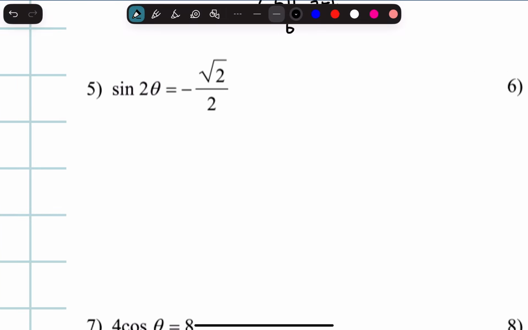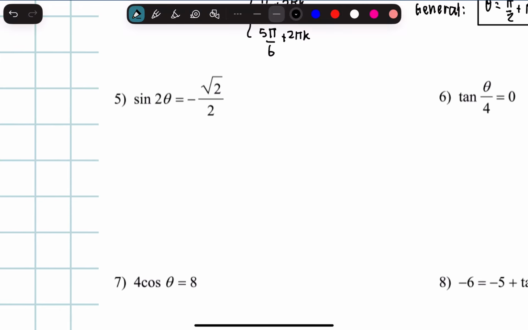So for 5, now we have sine 2 theta is equal to negative root 2 over 2. So let's let x equal 2 theta.